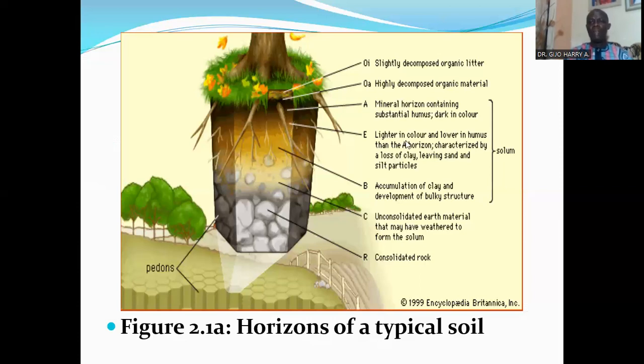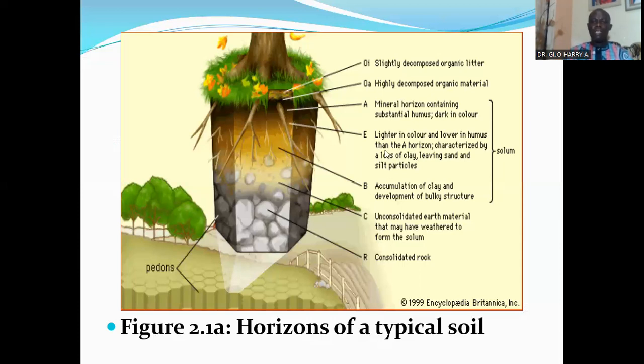Earlier, we described it as a mineral layer that exhibits loss of silicate clay, humus, gypsum, or a combination of these. And these substances that have been lost in the E horizon are deposited in the B horizon.